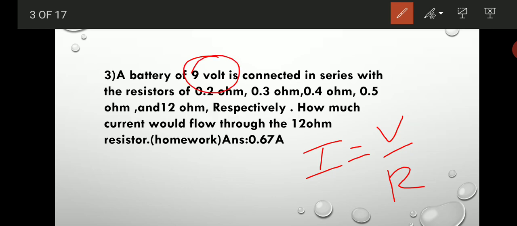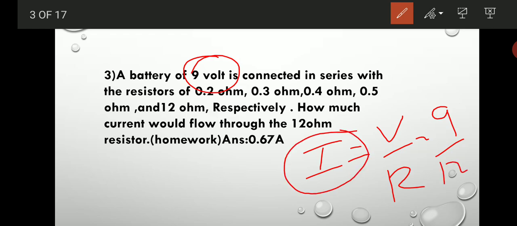9 volt. Students, here you will make a mistake. You will write 12 ohm, but it is wrong. The current in the circuit is nothing but the current through each individual resistor. The total current uses RS, the effective resistance.